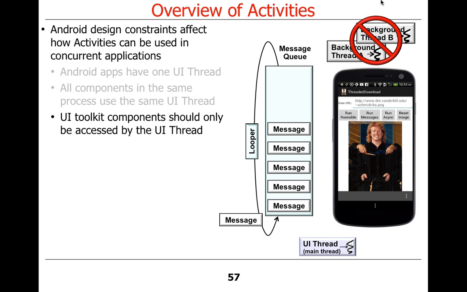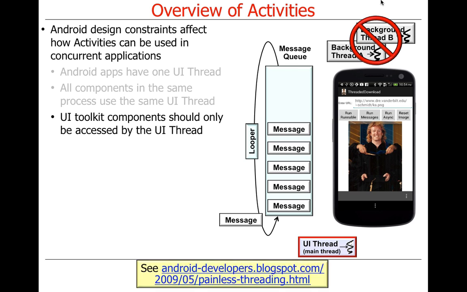So the two main reasons for not having the UI toolkit widgets be multi-thread aware are that it would make it harder on the developers of applications, and it would be less efficient. So that's the world you live in. And almost everybody who works in a user interface environment has these kinds of constraints. So the UI thread cannot be used to handle, so there are some consequences of this.